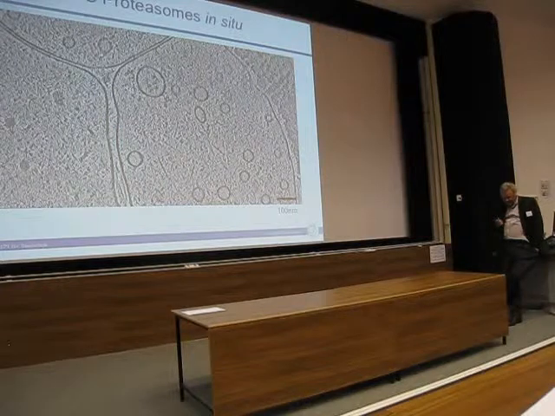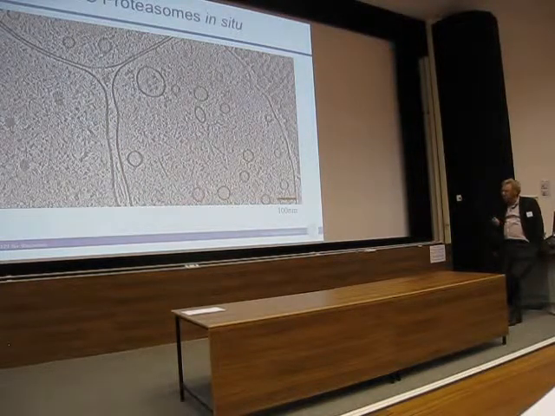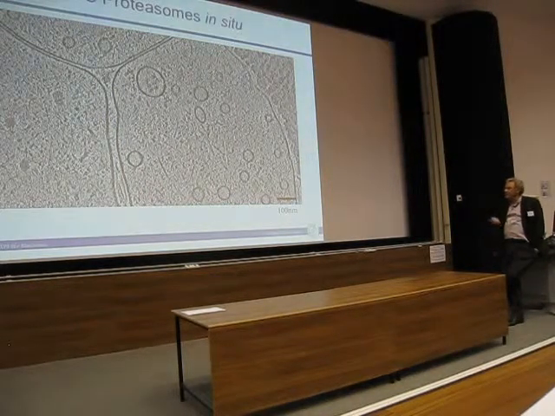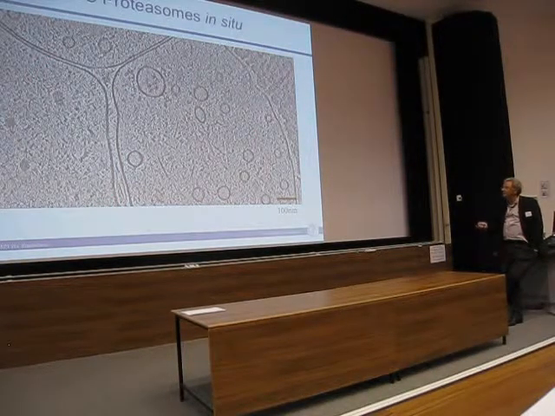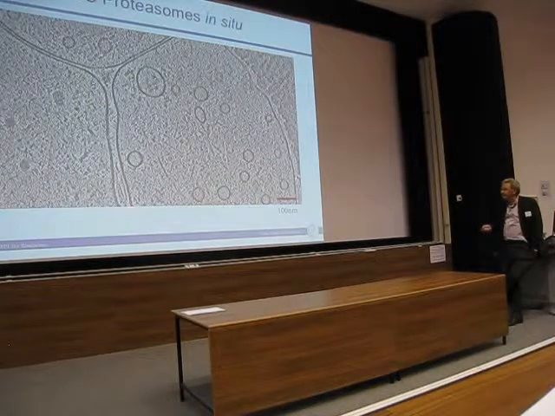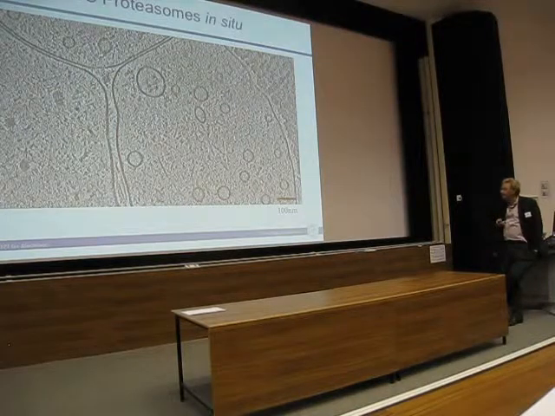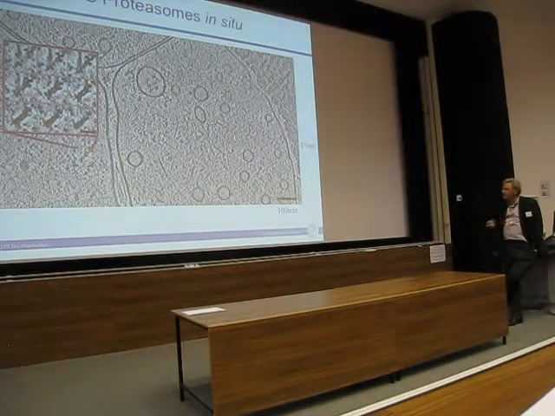To give you a little bit of a flavor of things we hope to do: this is a little piece of the cytosol of a neuron, and I think it's pretty non-spectacular at first glance. But as you zoom in, for instance, this guy here, now this is a tomogram.